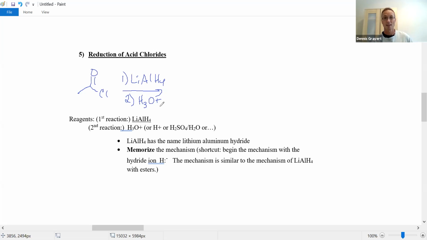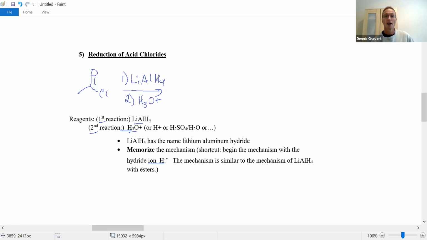They will be basic, and we'll have to neutralize them. Just like the Grignard reactions, we always had a reaction 2 with hydronium. Sodium borohydride, same thing, almost always. I think there's an exception somewhere, but most of the time we have H3O+. So just keep them hand in hand, first reaction, second reaction.